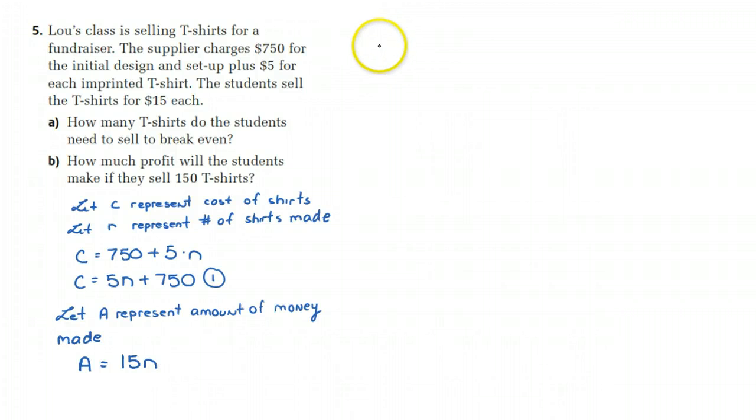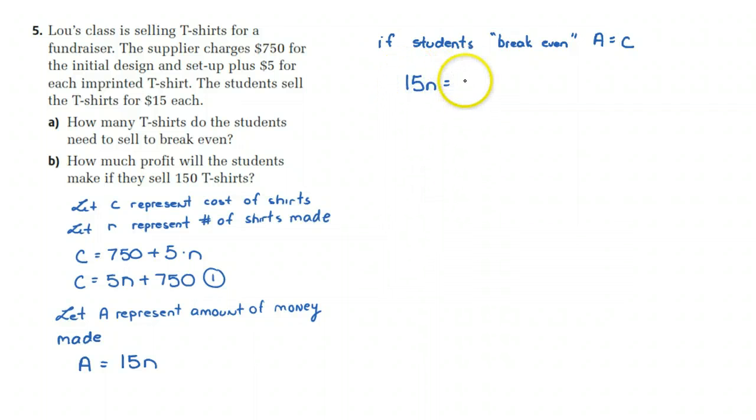So if the students break even, A should equal C, because the cost it was for me to produce the shirts should equal the amount of money I make. So therefore I can say 15N is equal to 5N plus 750.